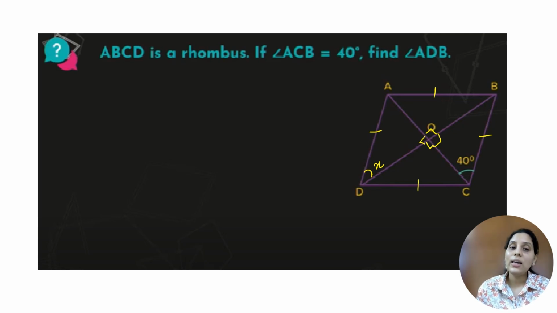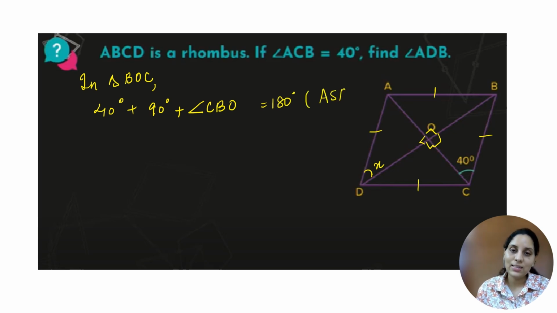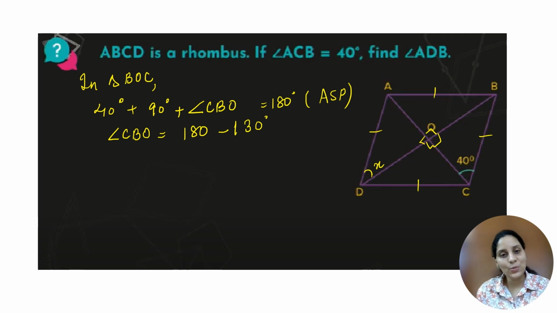If I consider triangle BOC, I have two angles, so I can find the third one. So 40 degrees plus this angle, which we just knew is 90, plus angle CBO is equal to 180 degrees. So angle CBO is equal to 180 minus 130. 90 plus 40 is 130. 180 minus 130 will give you 50 degrees.